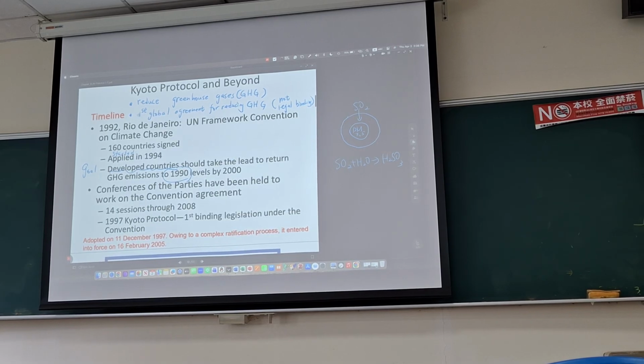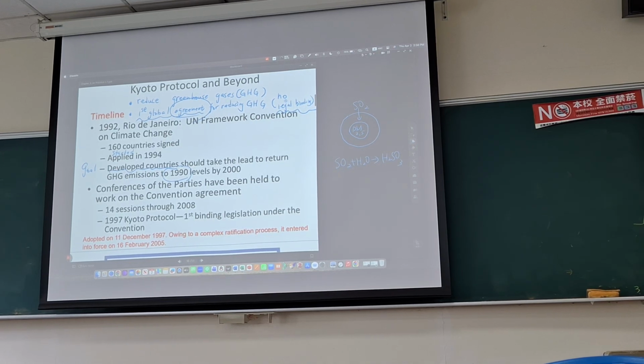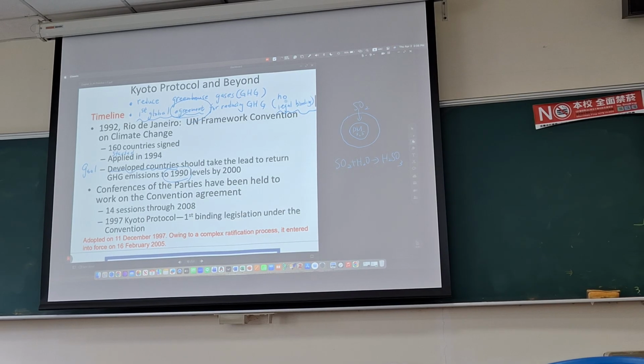This is the first global agreement, but the problem is no legal binding, no penalty. So some countries just care about economic growth.